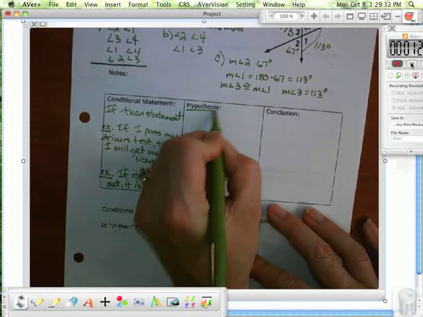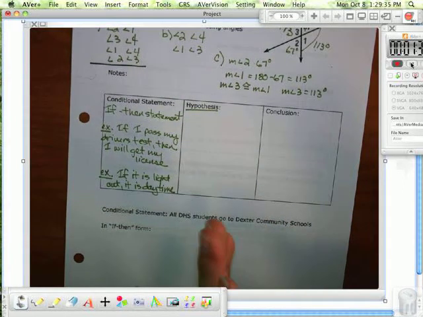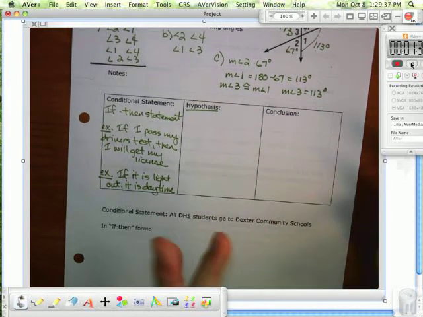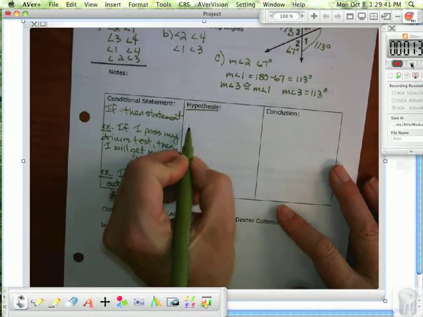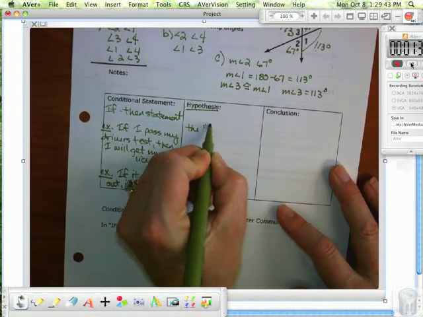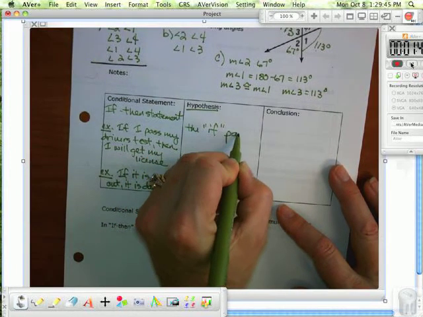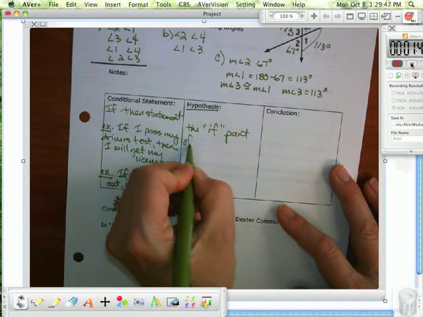Which part of the conditional statement is the hypothesis, the guess? What would you say? The if part.